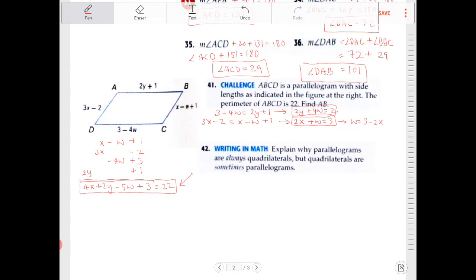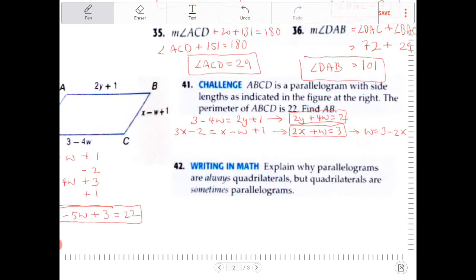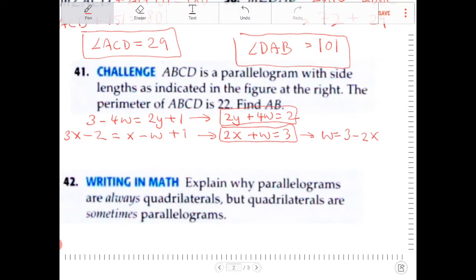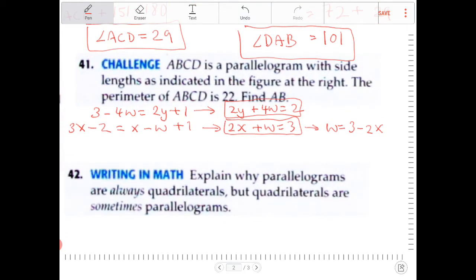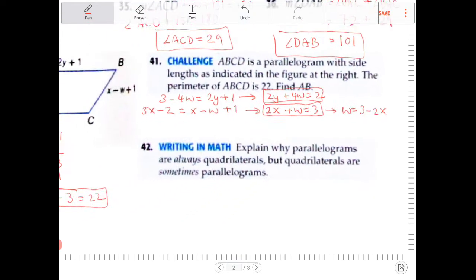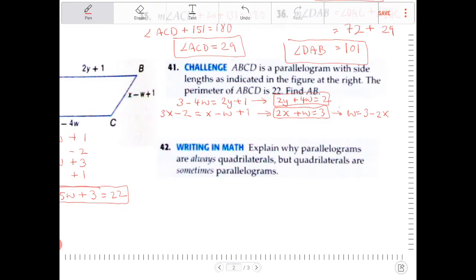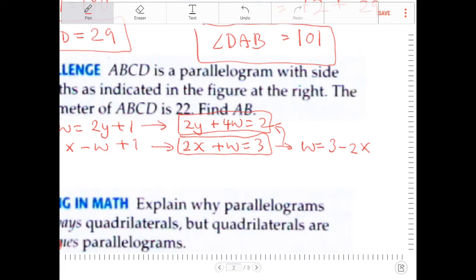I take that back. So w is equal to 3 minus 2x, and I can take this and substitute it inside this equation here. Right? And that's what I'm going to do.